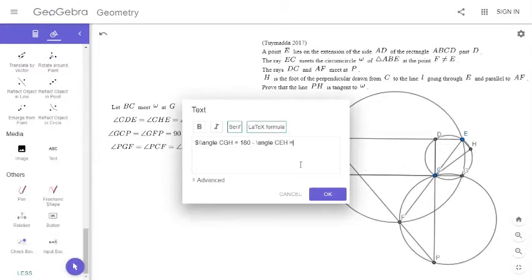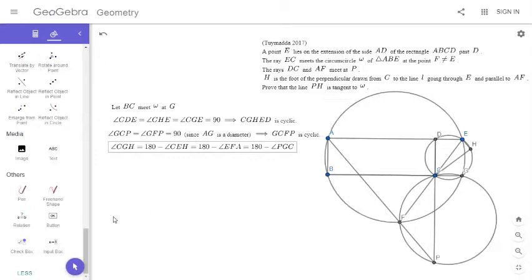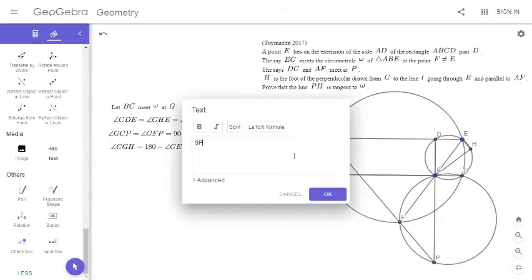I wasn't using the parallelism, which is 180 minus angle EFA, which is angle PF. So 180 minus angle EFA is 180 minus angle PGC. All right, I was just in a rush, but that is an easy answer. So P, G, and H are collinear.